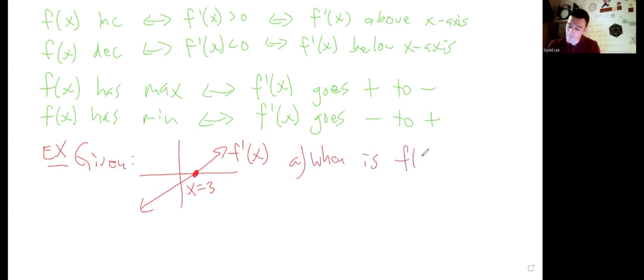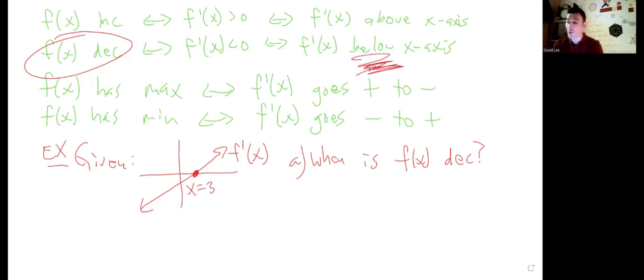When is f of x decreasing? We trust these green facts here above. So we want f to decrease. So f decreases when the derivative is negative. In other words, when the derivative is below the x-axis. When is this picture below the x-axis?